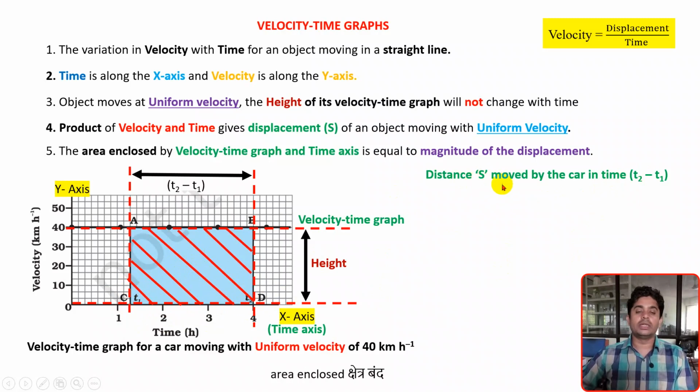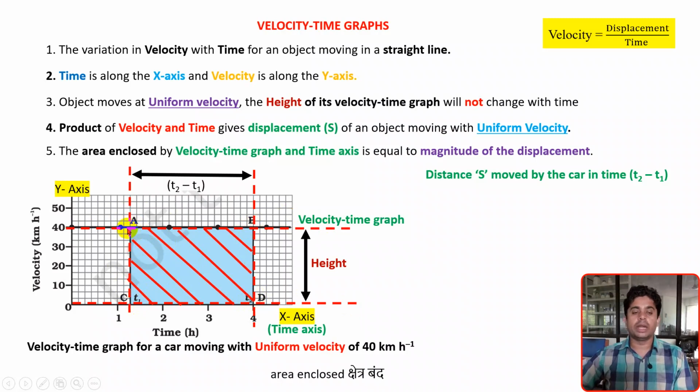From point C, at t1, I will draw a line perpendicular to the time axis, and from point D, at t2, I will also draw a line perpendicular to the time axis. These lines will intersect the velocity time graph at point A, corresponding to t1, and at point B, corresponding to t2.